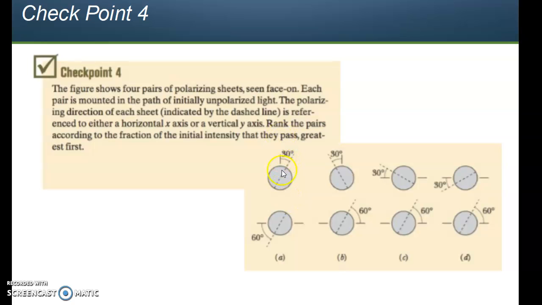So in this one right here, because of that orientation, that is going to be the one which has the greatest intensity. Then it goes all the way down over to here. And this is going to be the second most, followed by this one, and then this one right here is 0.